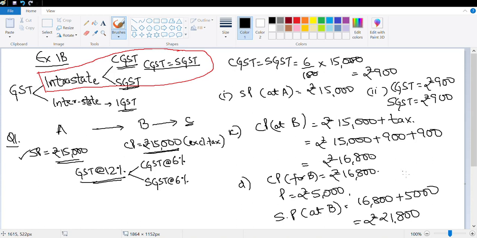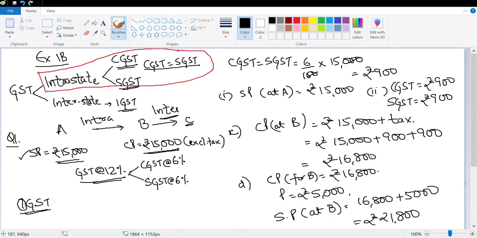Done. Now let's look, there is another part to it. The same goods are moved interstate from B to C. Oh, this was intra, I didn't see this, and this is inter. So let's look at B to C. GST paid at 12%. This is interstate, which means we're talking about IGST, but we shouldn't be bothered about IGST this year, at least from the exam perspective.